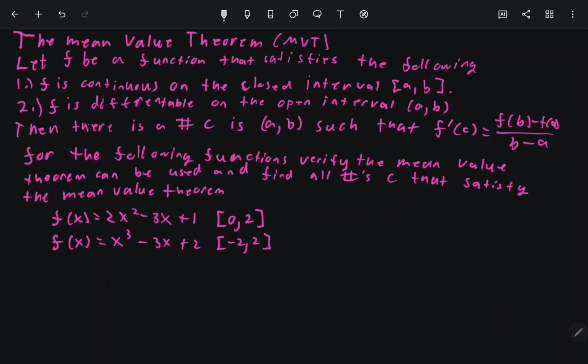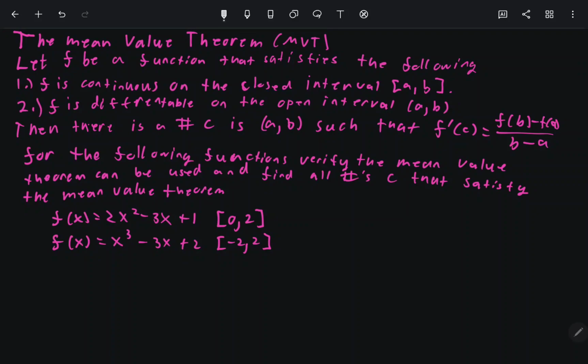Similarly, we have the mean value theorem, which is a very big theorem in calculus as it's used to prove the fundamental theorem of calculus, which sounds very important, especially with the fact it has the name of calculus in it. So, the mean value theorem states, let f be a function that satisfies the following.